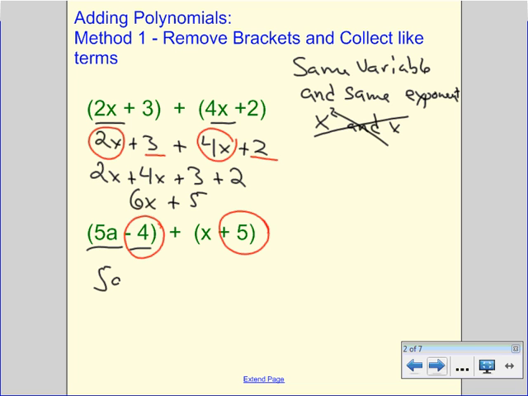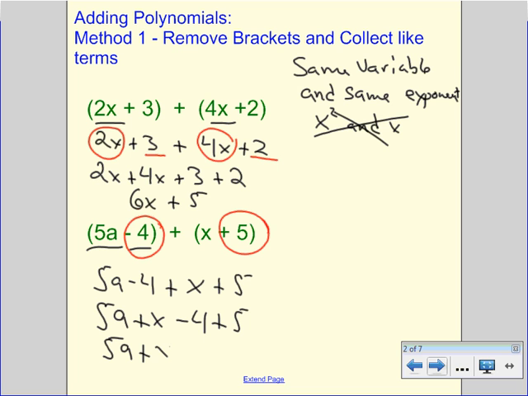I have 5a minus 4 plus x plus 5, and the only thing I can do, 5a plus x, can't do anything with that, but negative 4 plus 5, well, that I can actually do some math. Negative 4 plus 5 is 1. So in the end, I have 5a plus x plus 1 as my simplified expression. Can't go any further because a and x are not like terms, and I can't add or subtract them.